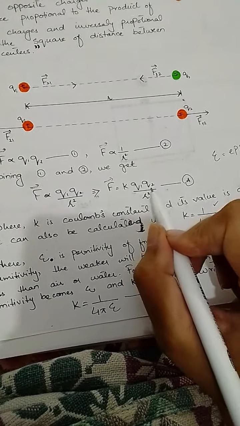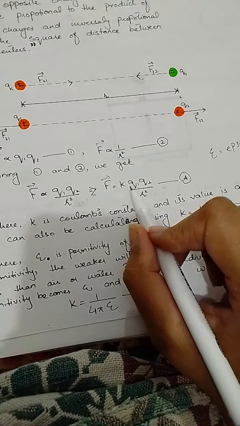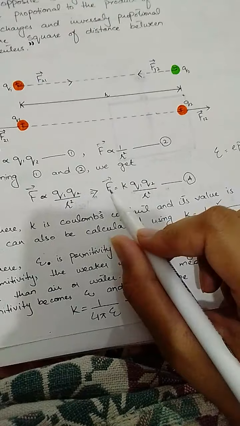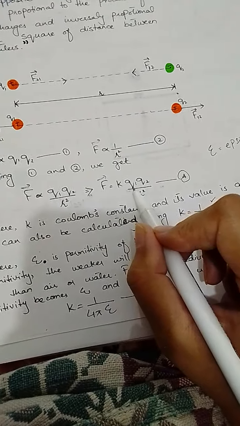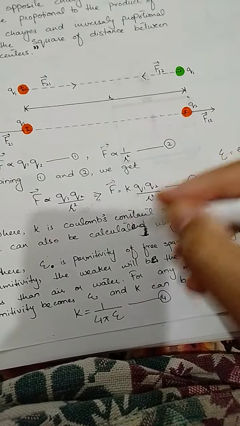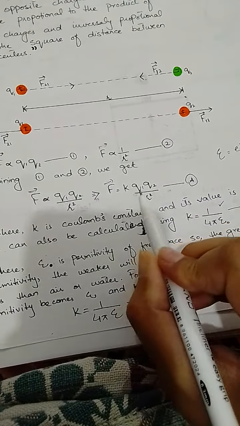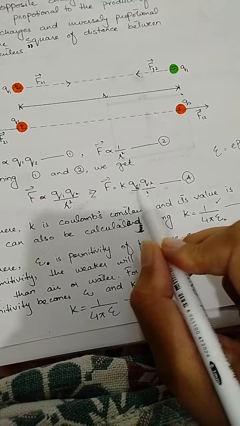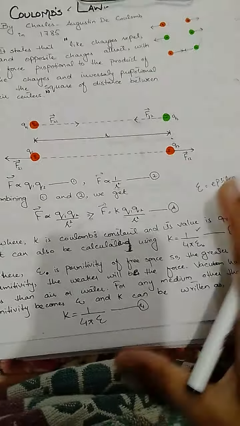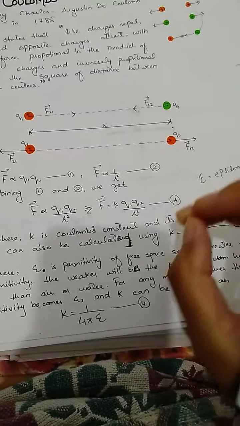It has nothing to do with the direction. Even if you put the negative sign, it has to be removed, because this force is not proportional to the sign or the polarities of these charges. It's just dependent upon the magnitudes. All right, so this is all about Coulomb's law.